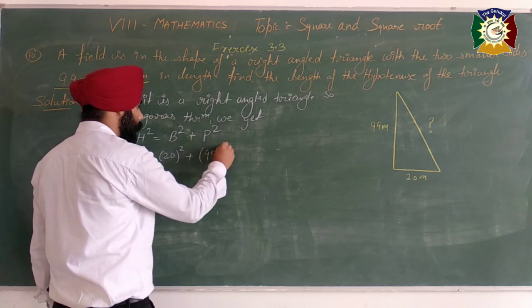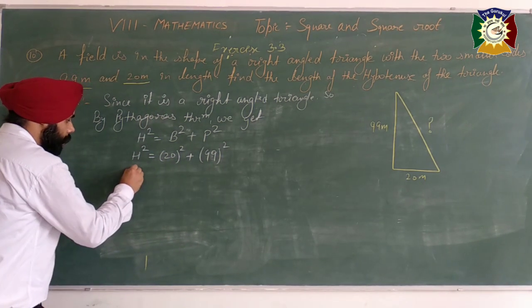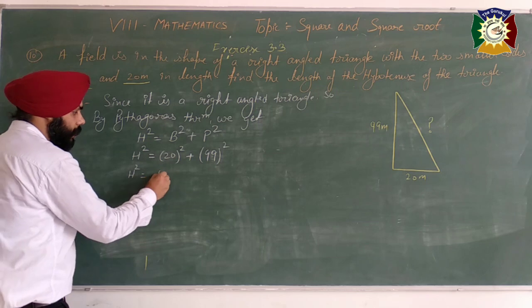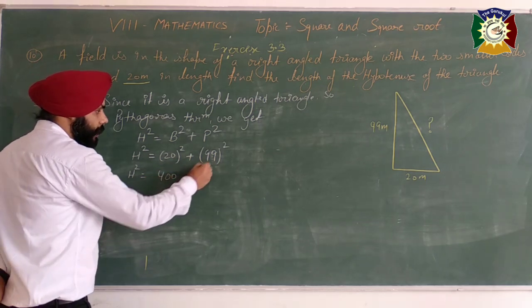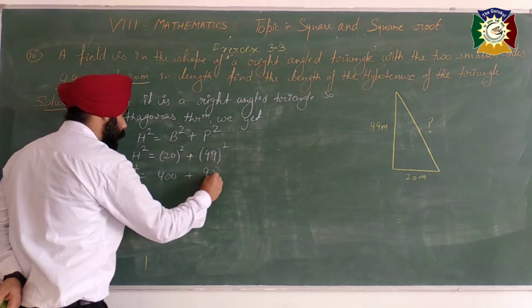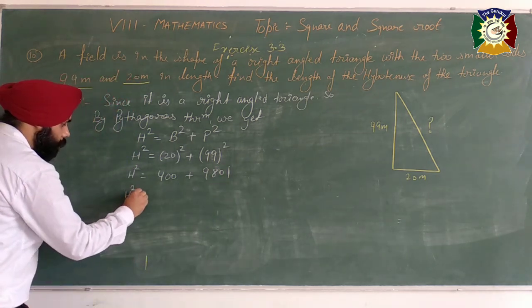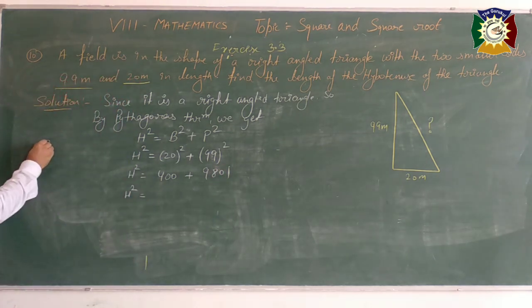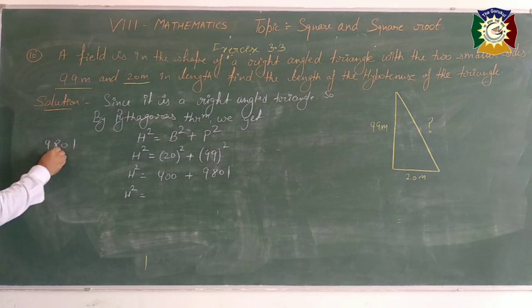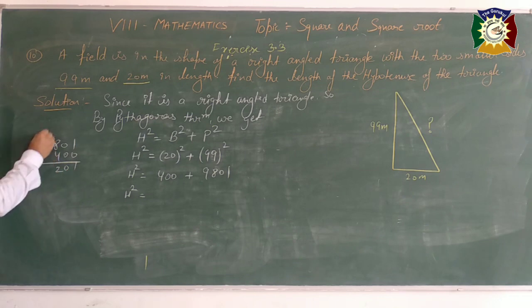Write down 99 square. Now hypotenuse square, 20 square becomes 400 and 99 square is equal to 9801 here. Now hypotenuse square, add here 9801 and 400, we get 10201.